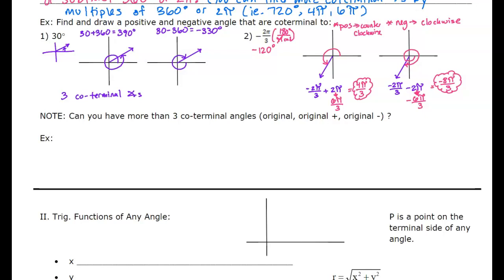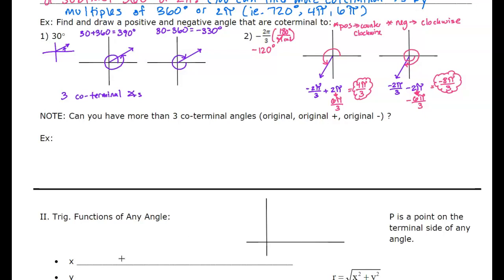Is there any cap to how many multiples something has? Infinite, yes. There is no max. You can have infinitely many coterminal angles. Of course, we won't ask you for infinitely many, but you can have as many as you can think of.